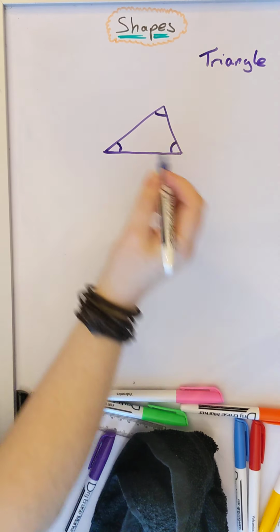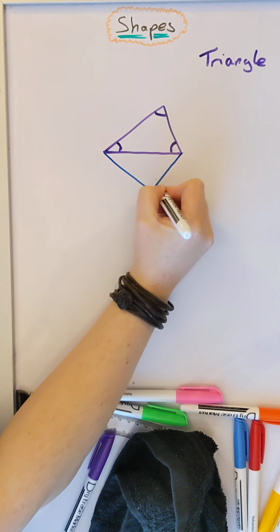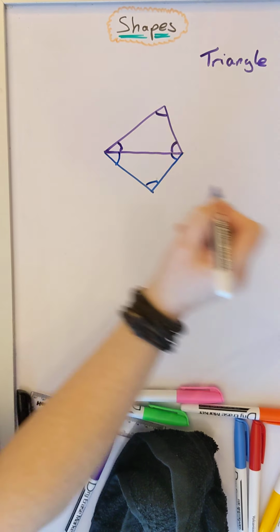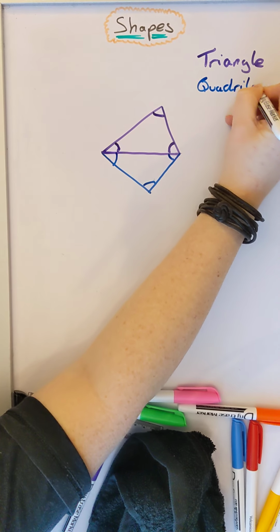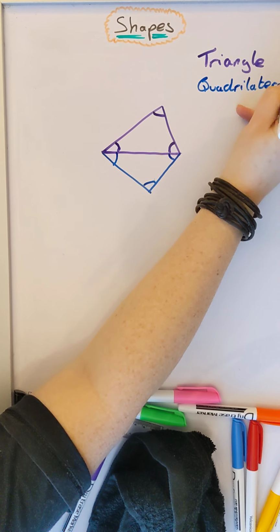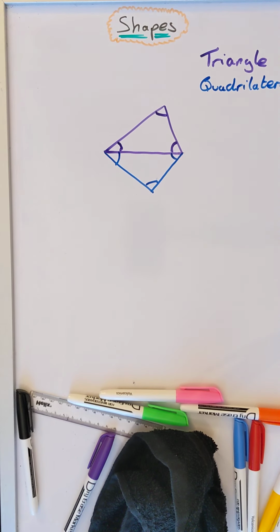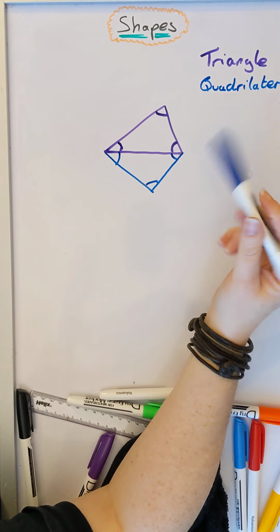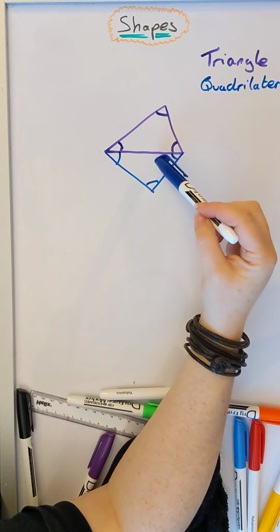If we make this into a quadrilateral by adding on another triangle, so we now have a quadrilateral. You know that they add up to 360 degrees. If you think a square, all angles are 90 degrees, 4 90s is 360. But as you can see, what I did was draw on another triangle.